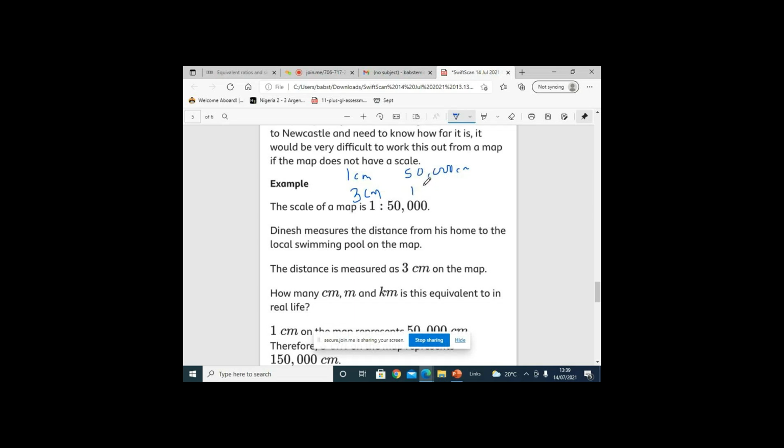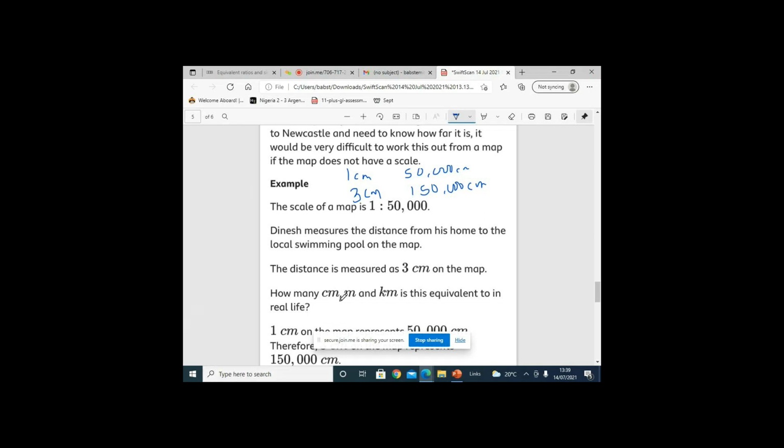That's 150,000 centimeters. So the distance from his home to the local swimming pool is 150,000 centimeters.